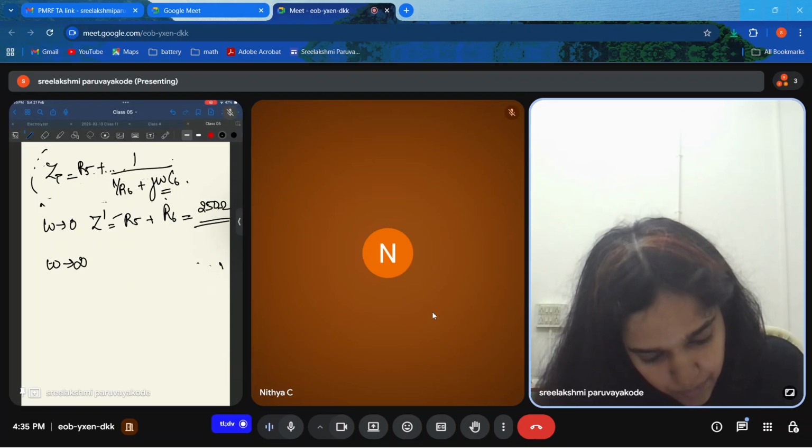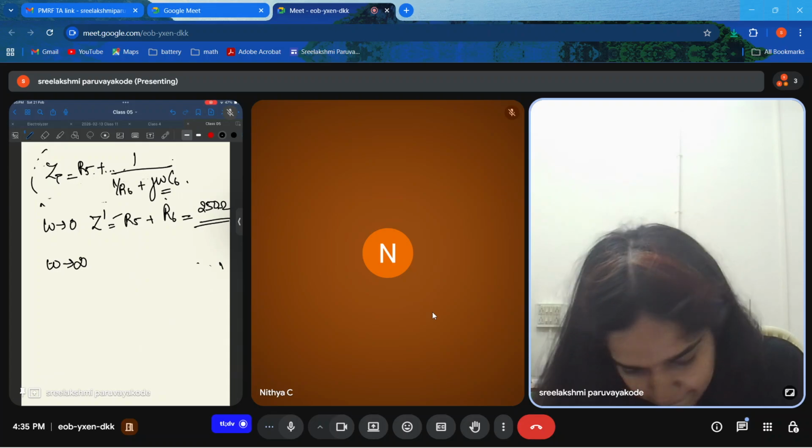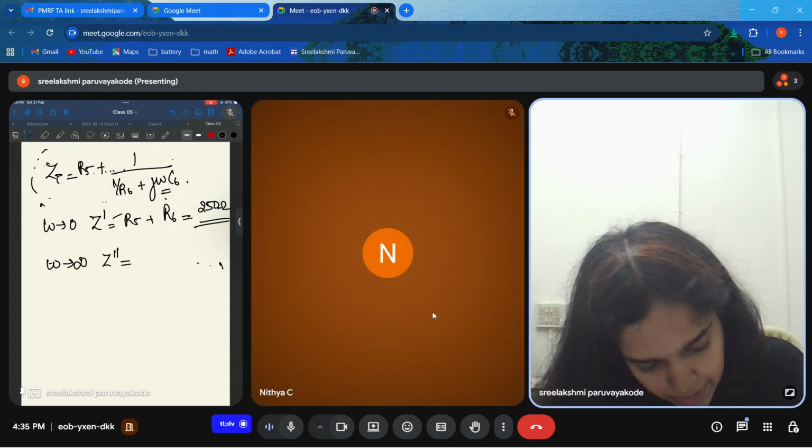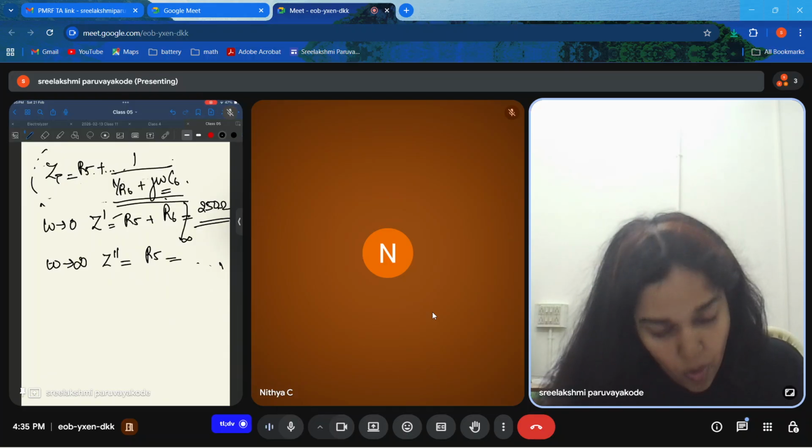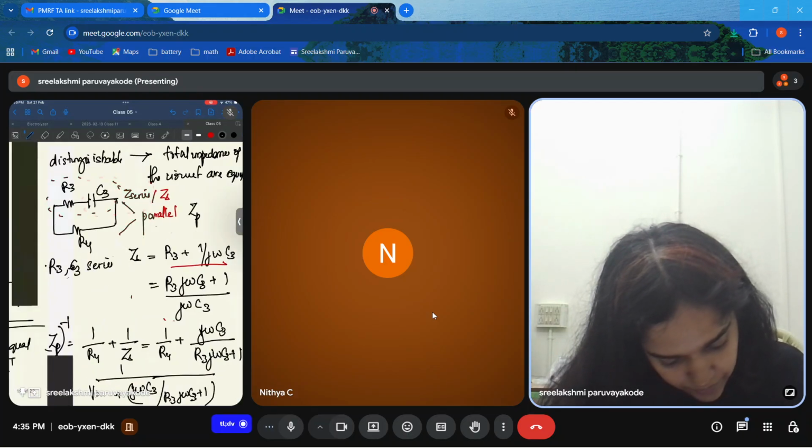Now, omega tends to infinity. Your Z double dash value will become R5. This entire denominator will tend to infinity. So 1 by infinity equal to 0. Now what is the value for the previous circuit when omega tends to infinity?